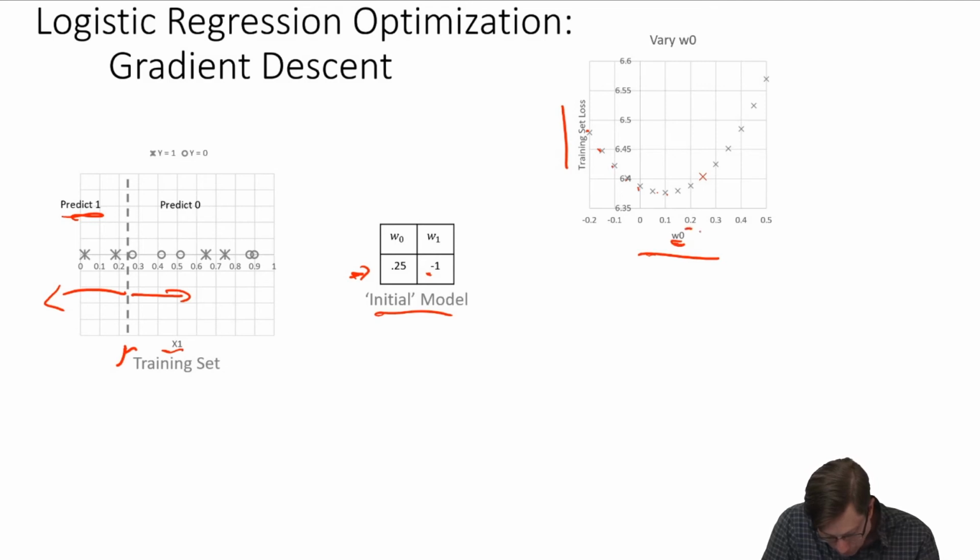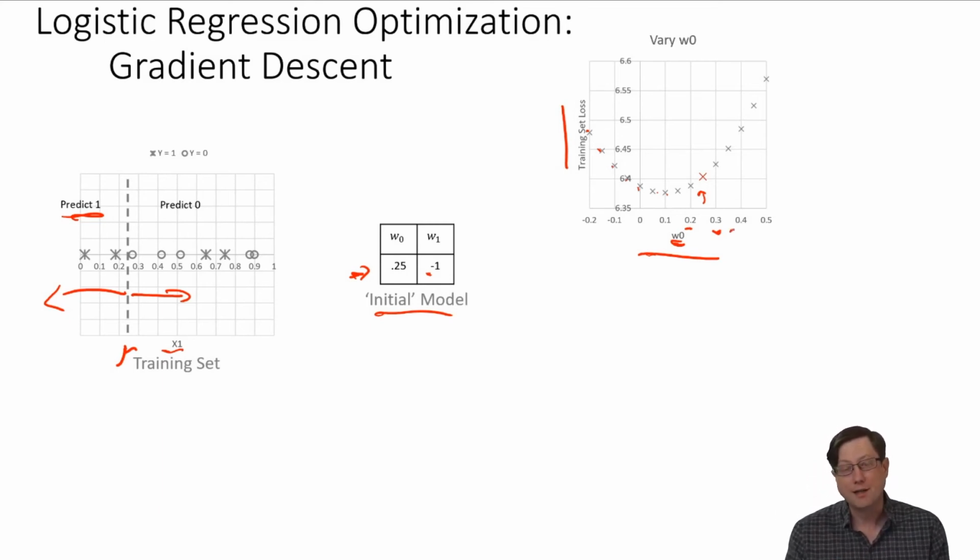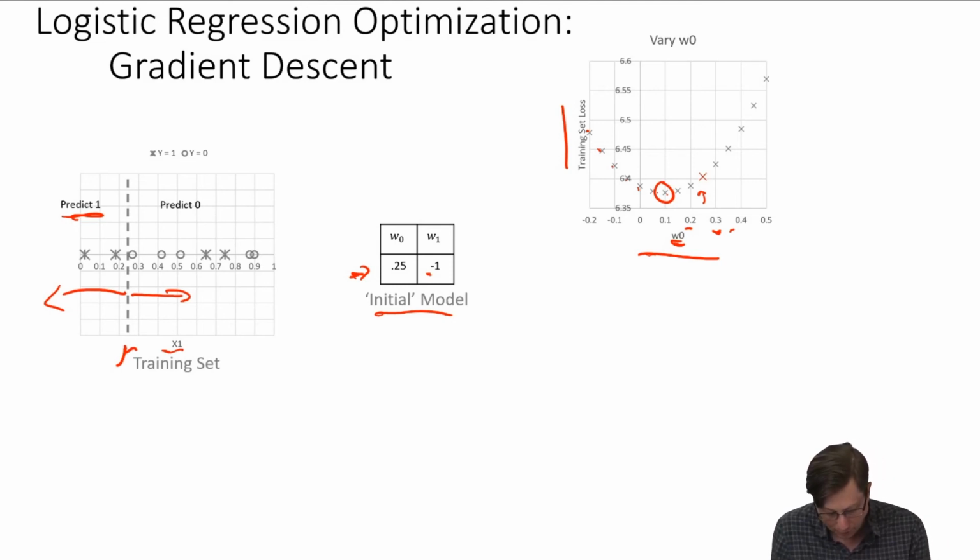I tried 0.2, here's the current value, tried 0.3, tried 3.5, etc. This is a kind of brute force way to optimize this, but it could work. You try out 10, 20, 50 values for weight 0, and you essentially would say, well, that value of weight 0, which happens to be 0.1, gives me the lowest loss on the training set. So maybe 0.1 is a better value than 0.25.